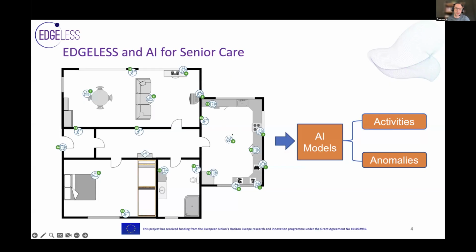Based on the information generated by the different sensors, that data is triggering the Edgeless workflows, and the Edgeless workflows, by using AI models, are able to detect the activities and the anomalies of the people at home.